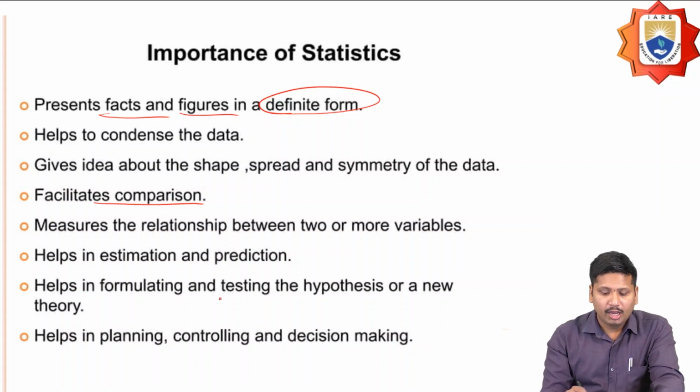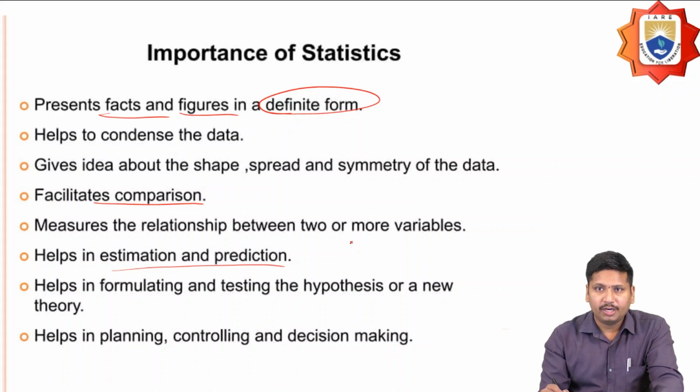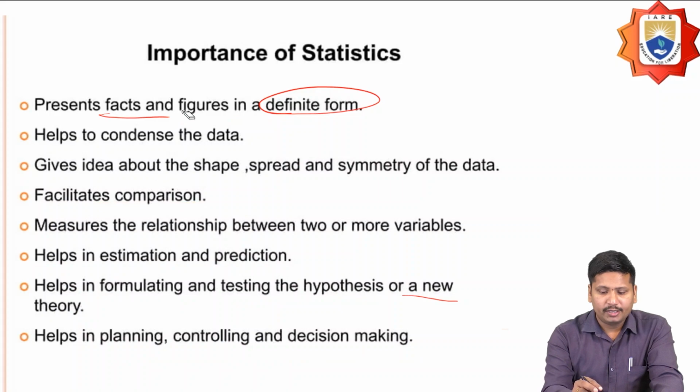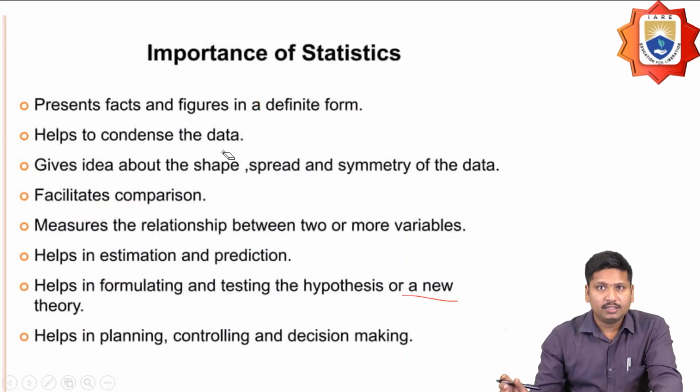It also helps in estimating and predicting the data, is useful in formulating and testing hypotheses or making a new theory, and is helpful in planning, controlling and decision making. So these are some of the important uses of statistics.